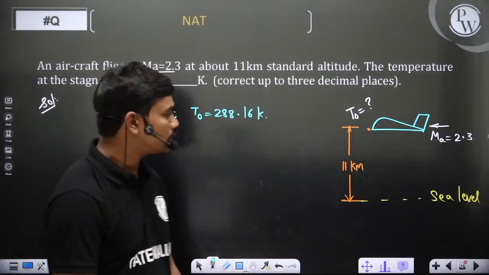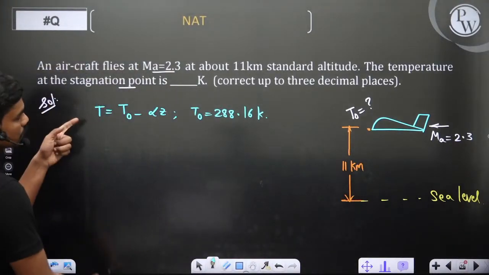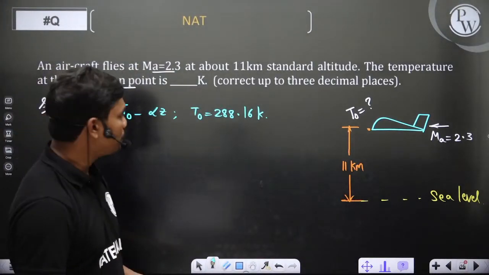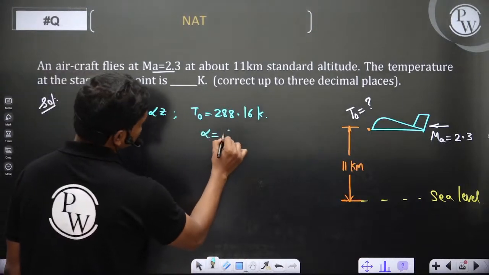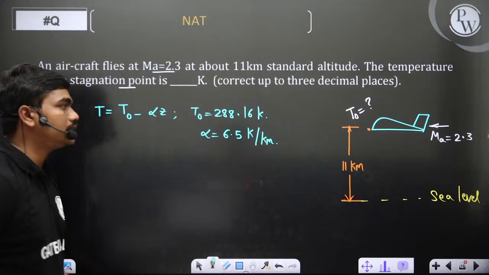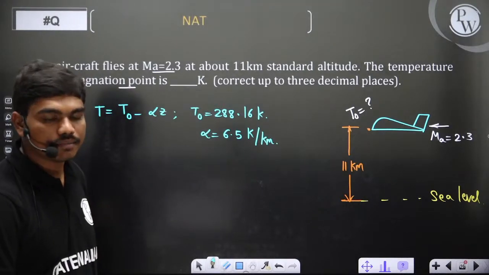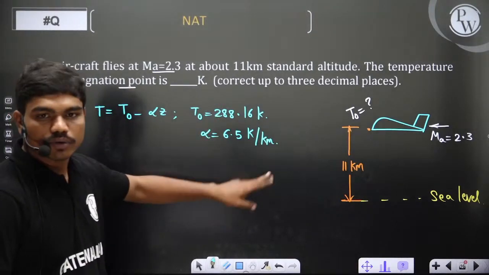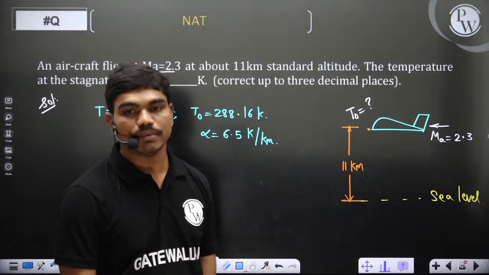Now alpha is 6.5 Kelvin per kilometer. We have talked about this already. These two values I gave you when teaching fluid statics.